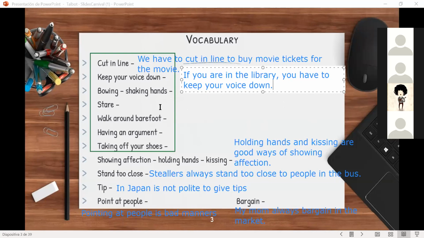Okay, so let's see now with the third one, bowing or shaking hands, con cualquiera de las dos. Who wants to participate? Who finished maybe with bowing or shaking hands?